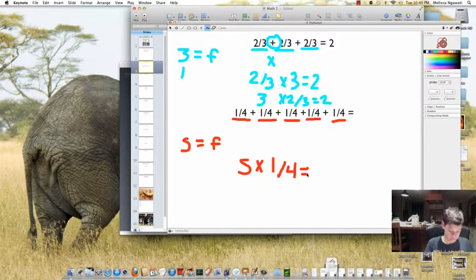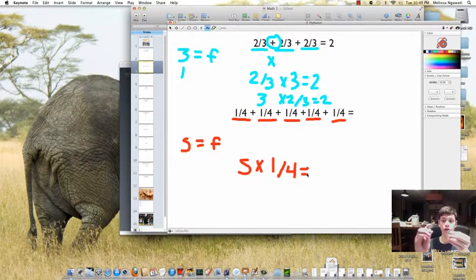Here's another way of doing it. We have 1/4, 2 quarters, 3 quarters, 4 quarters, 5 quarters. We all know that 4 quarters, as you can see here, equals $1.